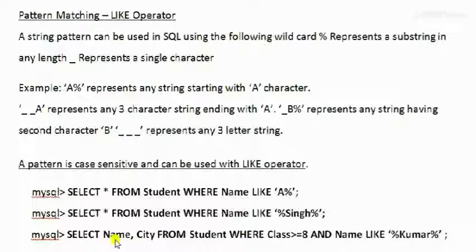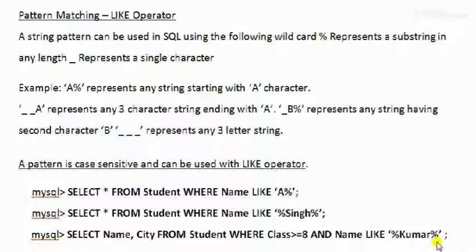Next, select name, city. Values of the name and city fields of the student table should be displayed where class is greater than 8, those belonging to class 8 and above, and name like mod Kumar mod. Before Kumar, any number of characters, any type of character. After Kumar, any number of characters, any type of character, even 0 characters also.